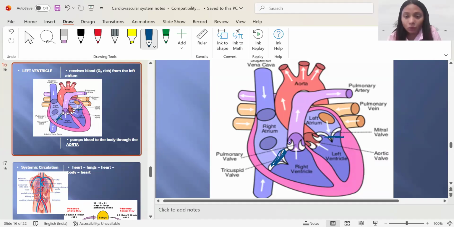Yes, ma'am. Okay. So now what will happen? When your right ventricle is contracting, these semilunar valves, known as the pulmonary valve and aortic valve, get open, and blood will move out of the ventricle, right? But when the atria are getting contracted, the blood is moving into your left ventricle and right ventricle both.